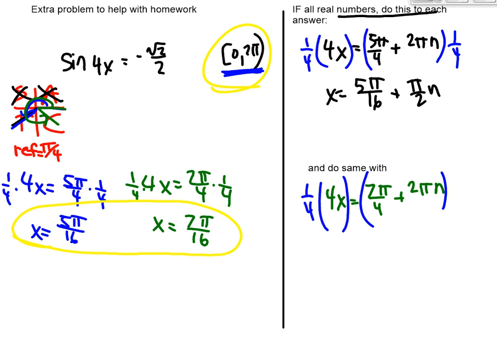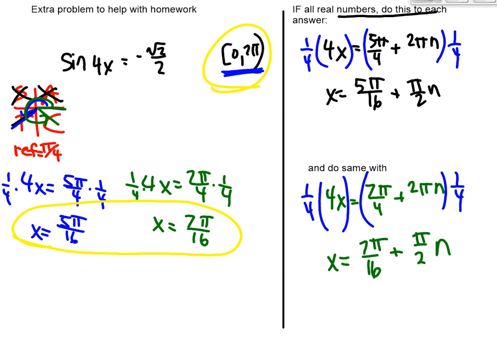So when I multiply by 1/4 again, I'll get x equals 7 pi over 16. So those initial values stay the same, but instead of adding 2 pi n, I'm adding, in this case again, pi over 2 n. Oh, I wrote pi again instead of n.